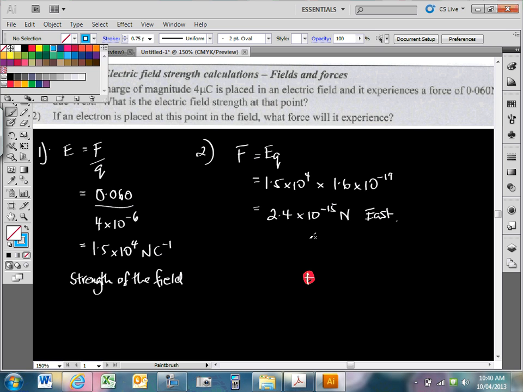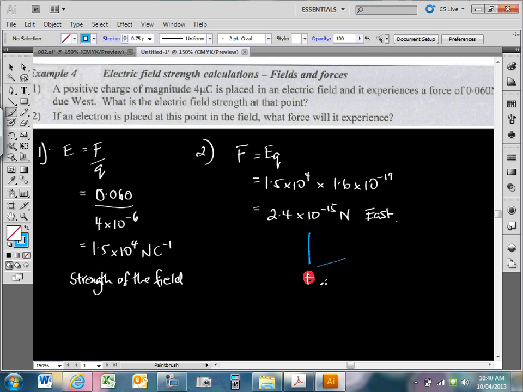Positive charge. We have some field around it. We've just measured the strength of that field. Okay. Notice we measure the force on the small positive test charge there, and we divide by the size of the small positive test charge to get the electric field strength, force per unit charge, and then we put an electron in that field.